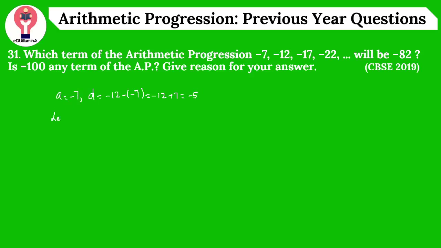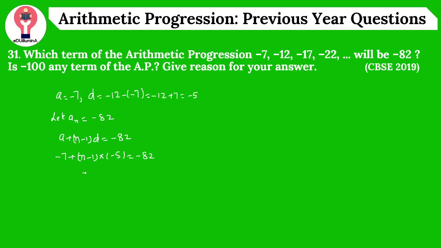So let us assume an is equal to -82. So an is a plus (n minus 1) into d is equal to -82. a is -7 plus (n minus 1) into d, the value of d is -5, is equal to -82.